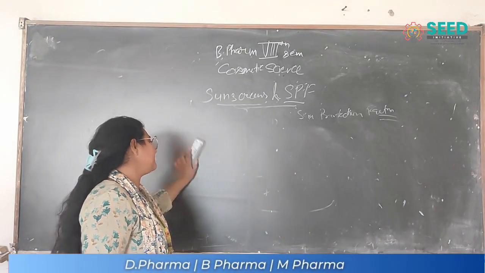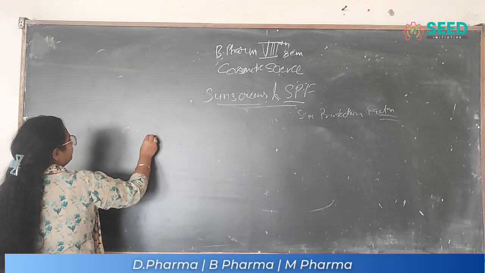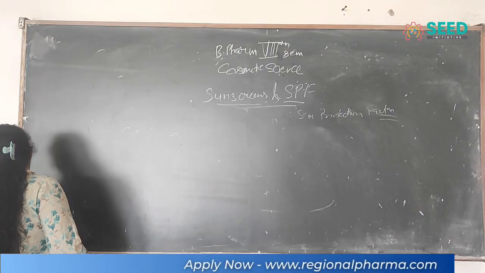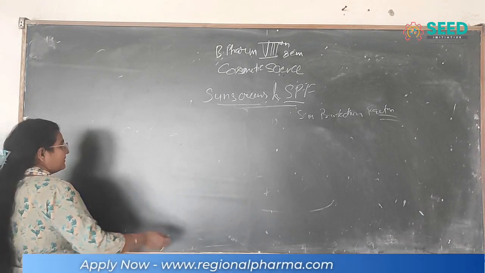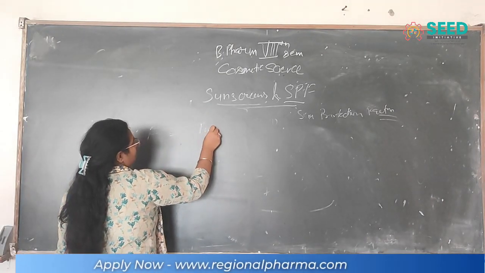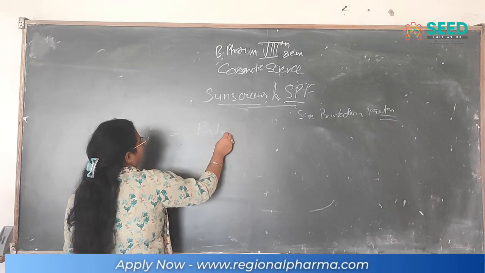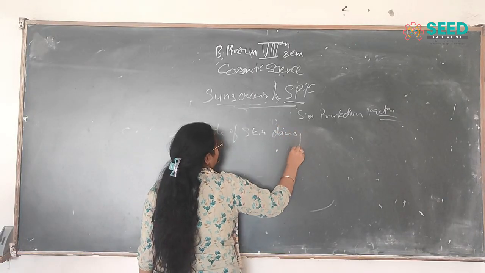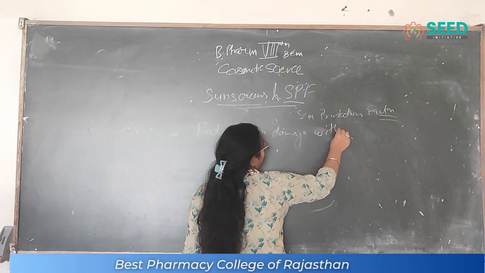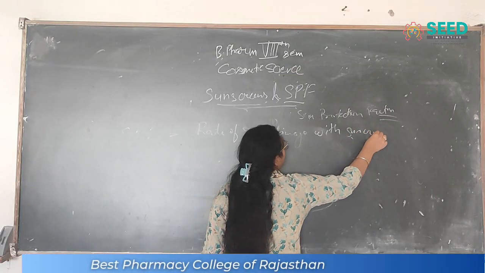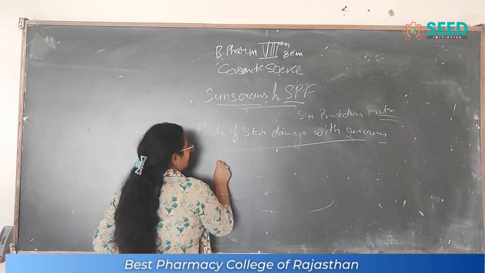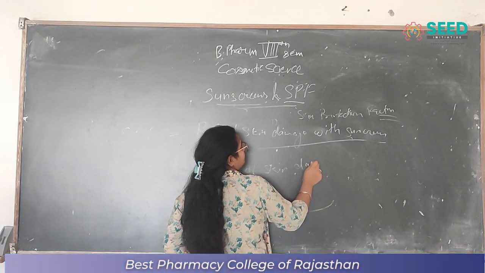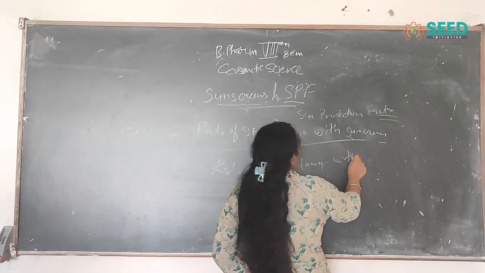Basically the SPF factor is determined by the rate of skin damage with sunscreen divided by the rate of skin damage without sunscreen.